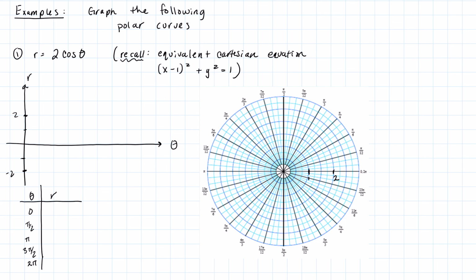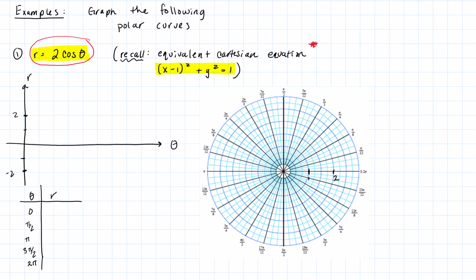But I want to end this video just with also graphing in the polar coordinate system, because we've just connected this equation. On our previous example, we said that this equation had an equivalent polar equation of r equals 2 cosine of theta. So let's just pretend for a second like we didn't know this. We'll come back to this at the end.